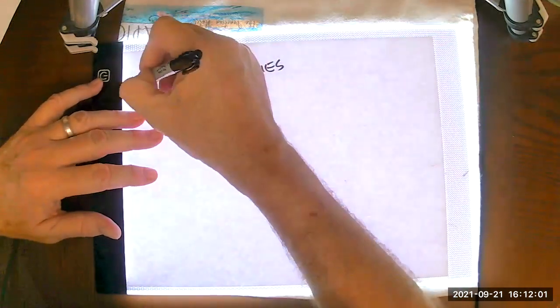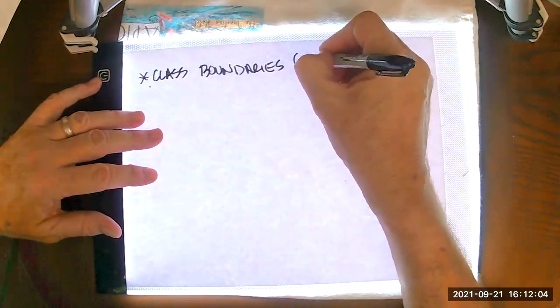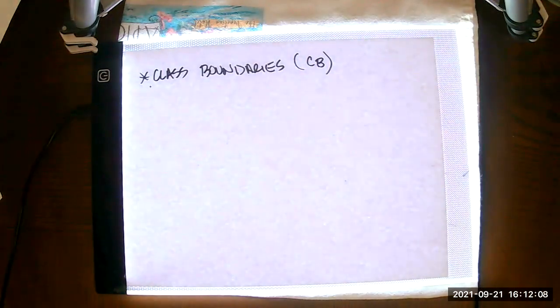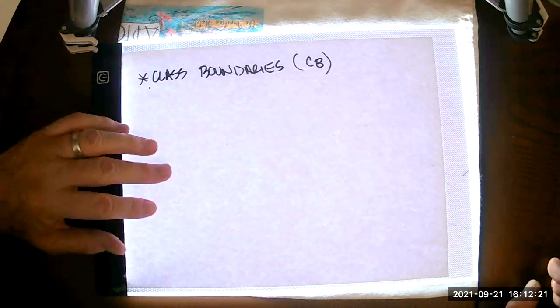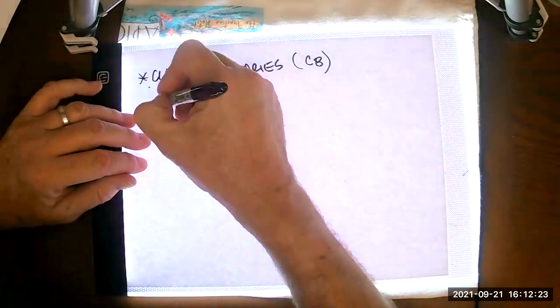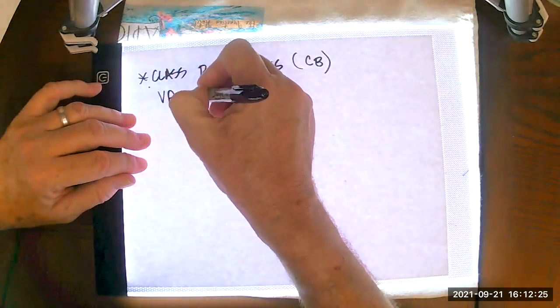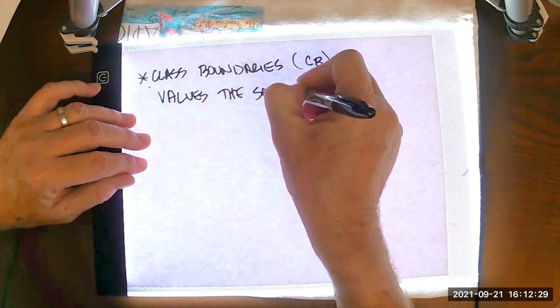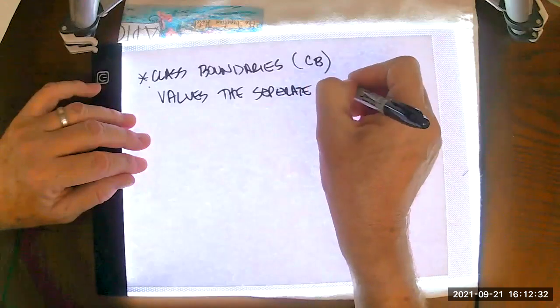Class boundaries. This one is going to be a bit puzzling to students. Even if you kind of get it, there's still one or two areas that may be a bit puzzling. So I'm going to offer up a very specific example here, maybe even two. Class boundaries are values that separate the classes.